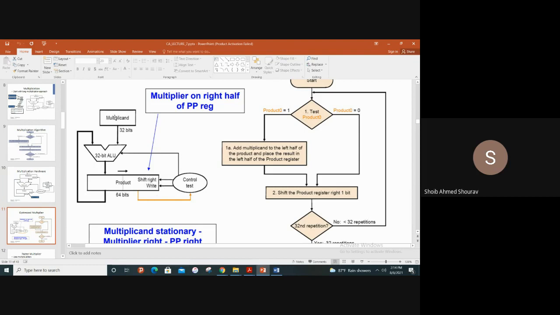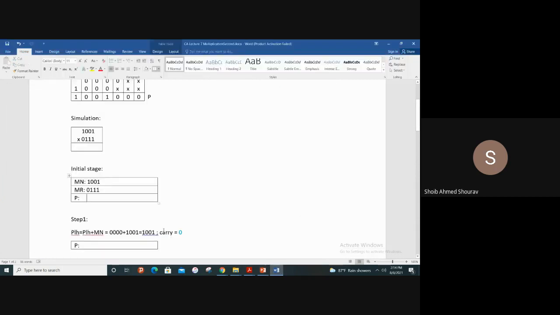So multiplier and multiplicand will be of same bits. Product initially will be of double bits. So multiplicand and multiplier are actually the same bits, 4 bits. Product will be of 8 bits. In the left half, it will be initially 0, the original product in here. In the right half, it will be multiplier. Is it clear? Please respond.